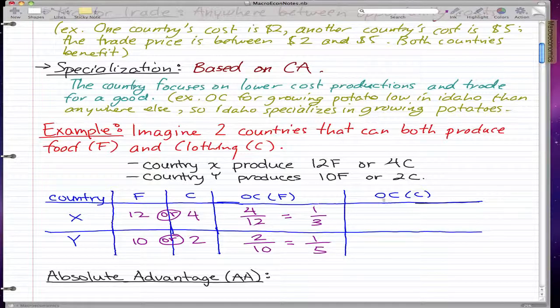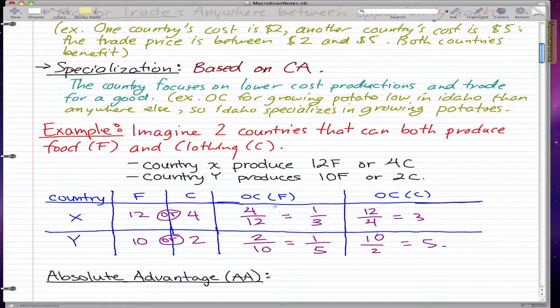Now for the opportunity cost for clothing, what we lose for country X is 12 pieces of food, and we get 4 pieces of clothing, so that's 3. And for country Y, what we lose is 10 pieces of food and we get 2 pieces of clothing. So 10 over 2, which is 5.